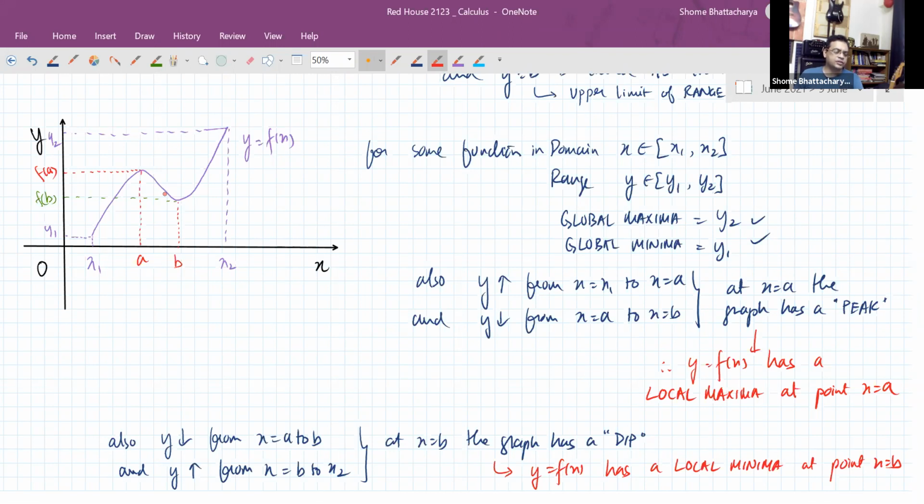So even if I have a function whose graph I don't know, but I've been given the formula of the function, like a cubic function or power 4, any polynomial function, or a function like 1 plus sine square x. I don't know its graph, but I want to find points where there is local maxima and minima. I can just visualize that if there is a peak point, the slope should be 0. That means dy by dx should be 0 at that point.